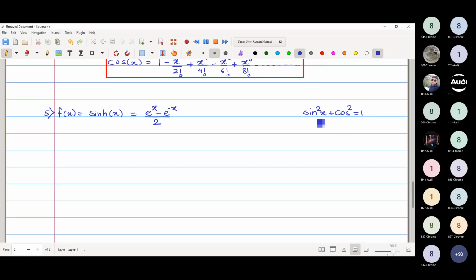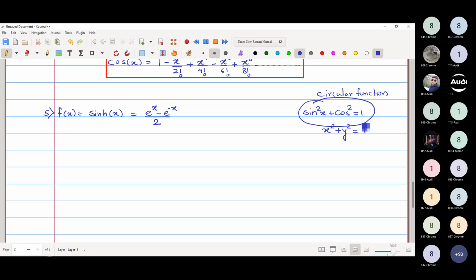Do you know this is a standard identity? Yes, sir. So do you know the equation of a circle? The equation of a standard circle looks like x square plus y square is equal to 1. So do any of you know that these trigonometric functions are also called circular functions?